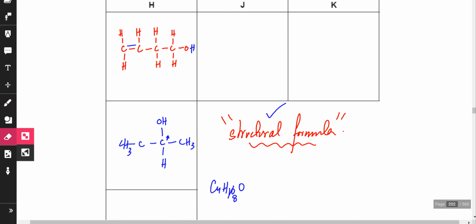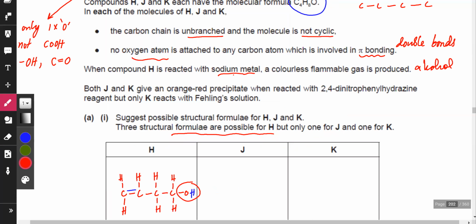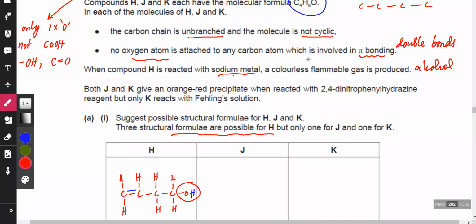So the OH could be on the... there could be a double bond here. So these are your OH, and this is your OH over here. So that's two. And they had also explicitly stated that the oxygen atom should be kept as far away from the pi bond as possible.